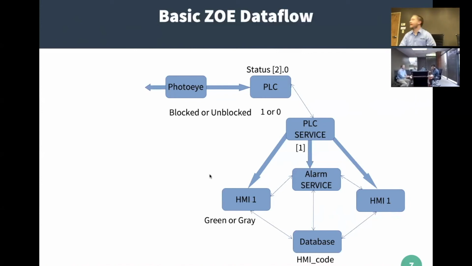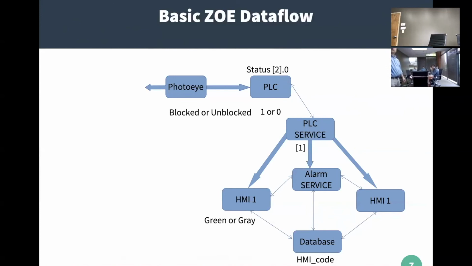So yeah, to go around one more time: the photo eye gets blocked or unblocked, comes to the PLC as a 1 or 0, is moved to a status array, read by the PLC service, and then translated into a block of numbers for every DINT.